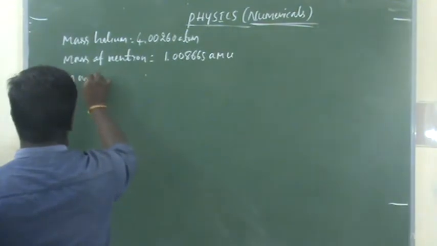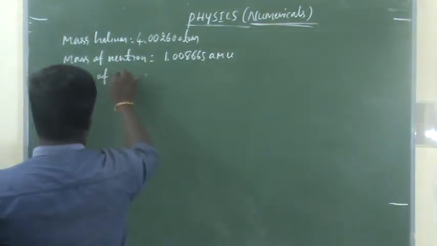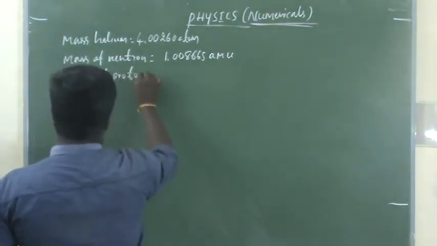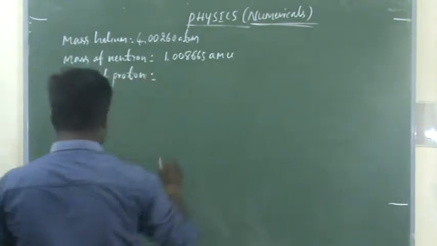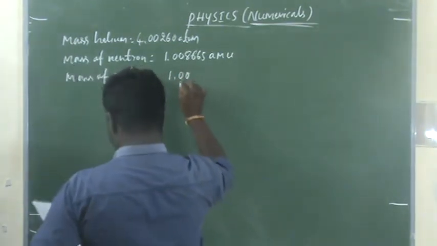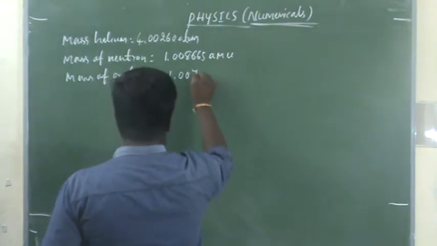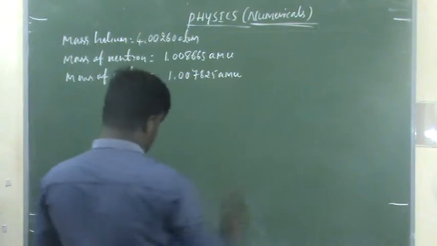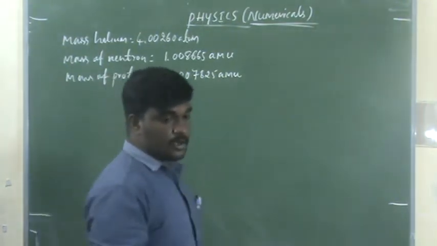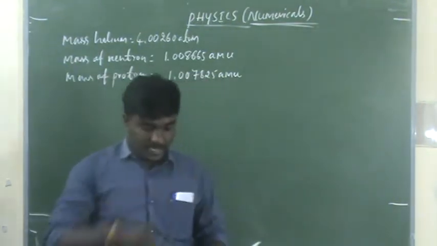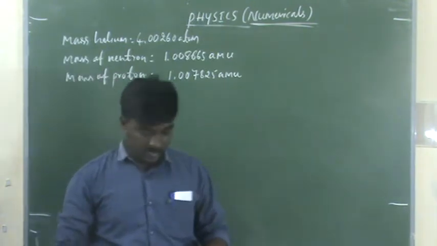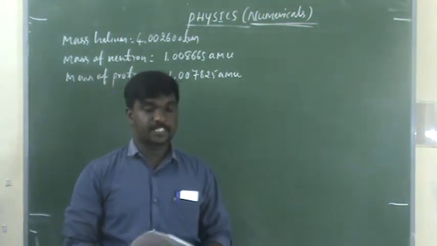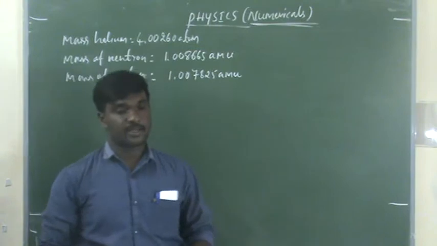Mass of proton is 1.007825 atomic mass unit. These are the question data. Calculate the binding energy of alpha particle from the following data and express in mega electron volt.